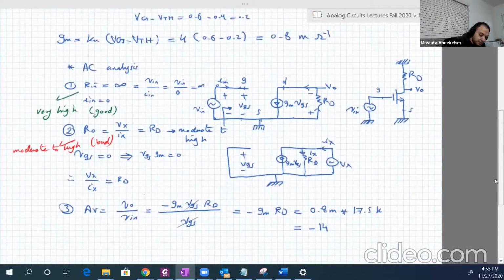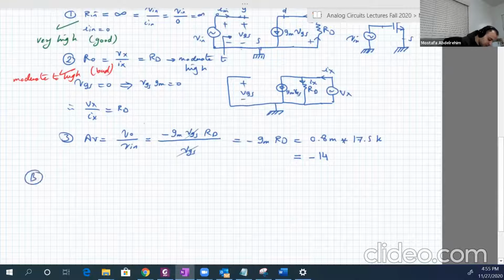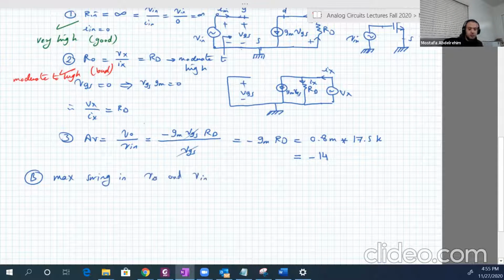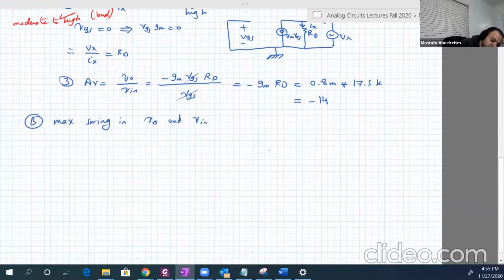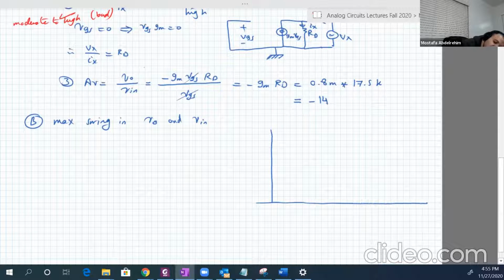Now number B, the maximum swing in VO and V input. Remember the transfer characteristics? It was something like this.